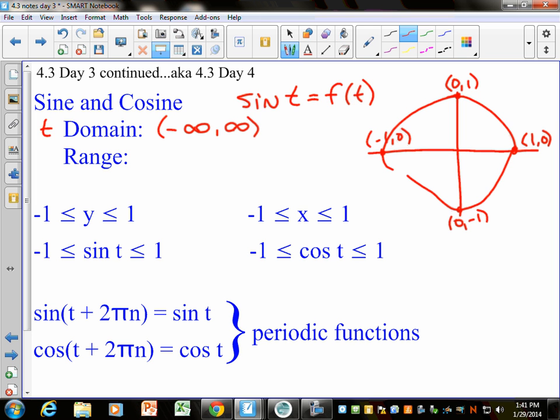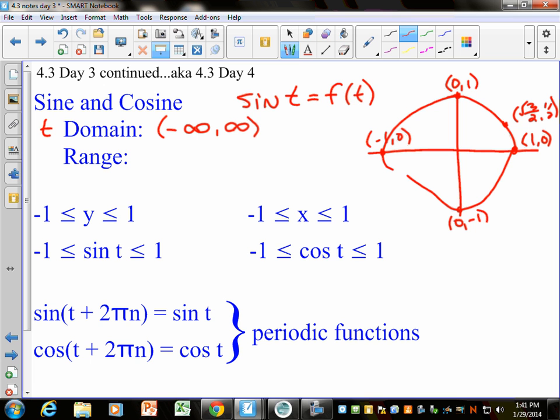Like when we do our special numbers in here, like this is square root of 3 over 2, 1/2. Square root of 3 over 2 is smaller than 1. Square root of 2 over 2 is smaller than 1. All of those are smaller than 1 in between there. And the same thing over here. They actually just keep getting more negative until we get to negative 1. And all of our cosine values are stuck between negative 1 and 1.